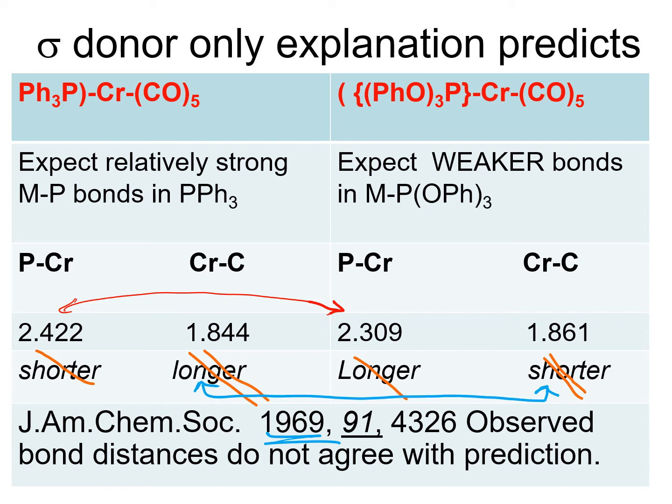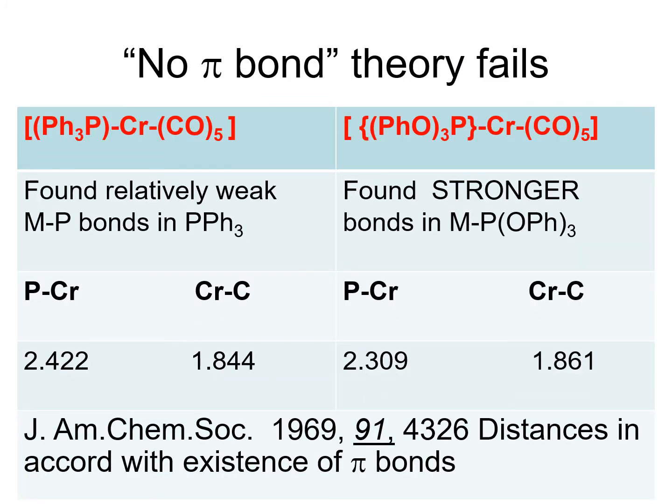If phosphorus is only a sigma donor, you would expect the trends to be in a different way. And that's what is struck off on this slide. That's what you expected for the sigma donor only explanation. So we can categorically say that the no pi bond theory has failed.